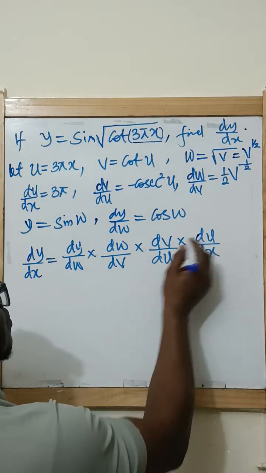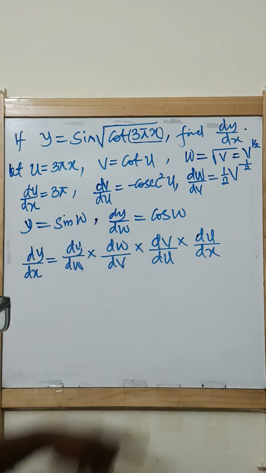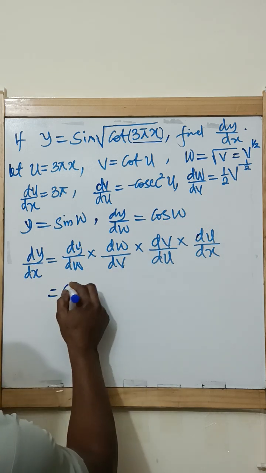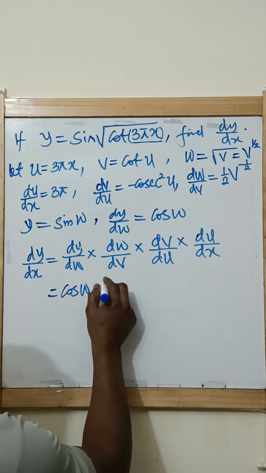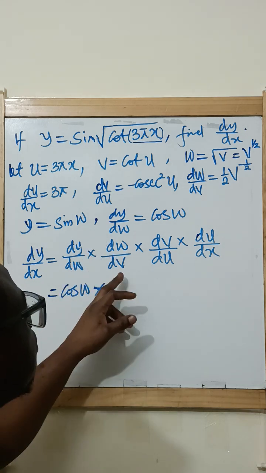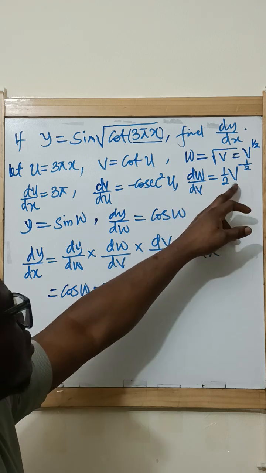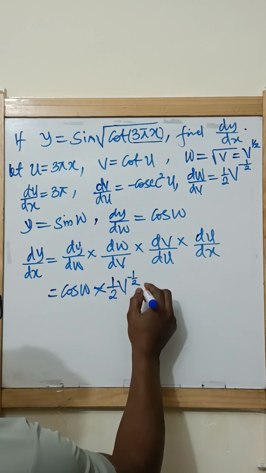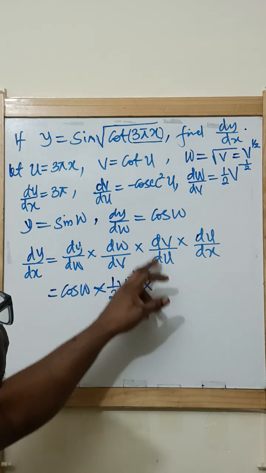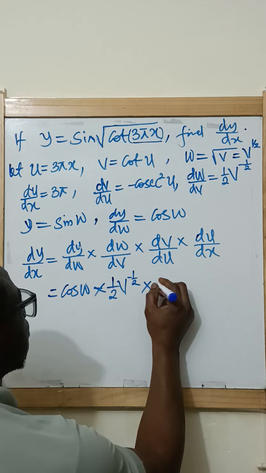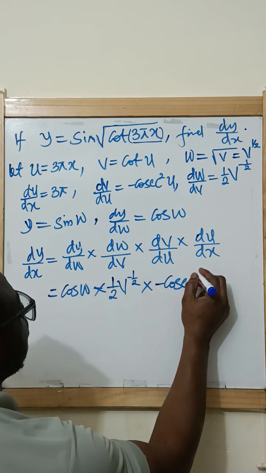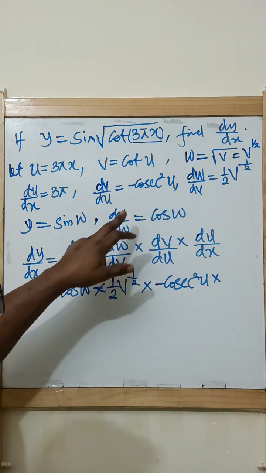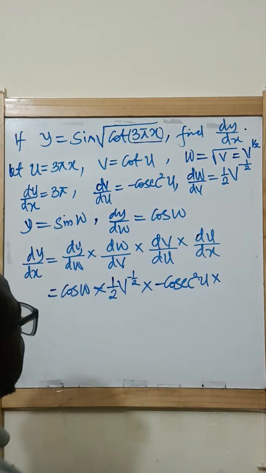From here now we'll multiply. We use all this to multiply. So what is our dy/dx? It is cos w, times dw/dv, that's this, half v raised to power minus half, then dv/du, that is minus cosec squared u, then du/dx, that is 3 pi.